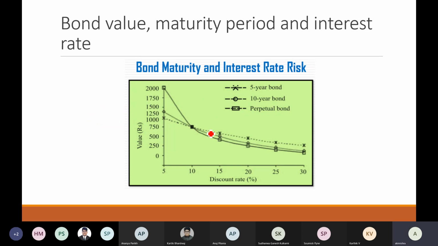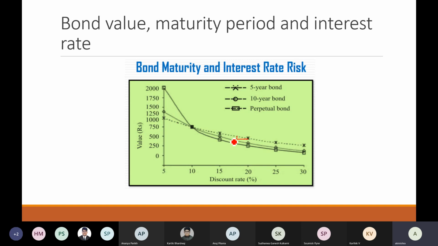Now when we see the slope, you can check that slope will vary based on what kind of bond you are selecting. So if you see, this is your 5-year bond, so the slope is not steeper.